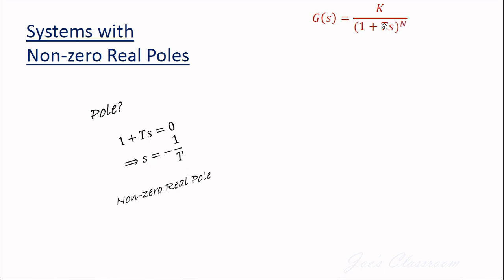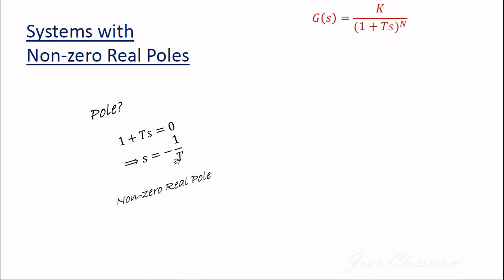T being a real value. We are all dealing with systems with differential equations having real constant coefficients, and therefore T is going to be a real value. Since T is a real value, -1/T is also a real value. And you will notice that this is a non-zero value. T is not going to be infinite, and therefore it is going to be a finite value.